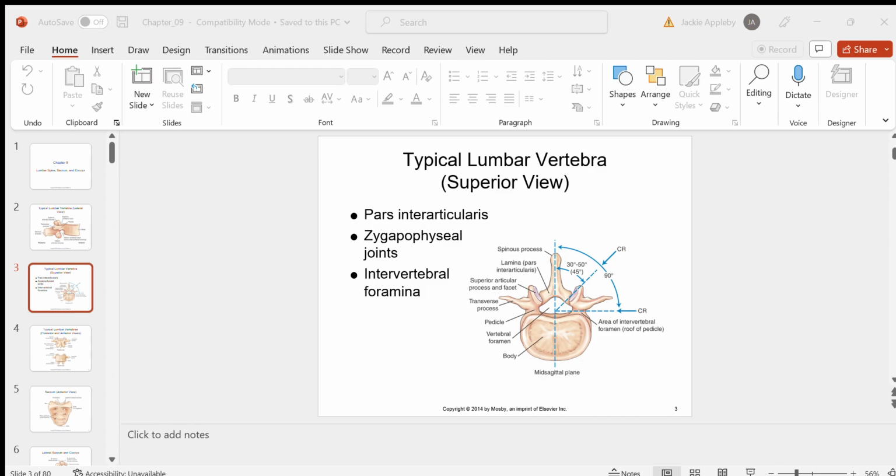The higher up you go, the greater the angle that they sit at. The further down you are, the lesser the angle. Because they change in their appearance, the lower thoracic vertebrae are looking more like lumbar vertebrae, and lumbar vertebrae have this very shallow angle. So thoracic vertebrae sit at about a 60 to 70 degree angle.